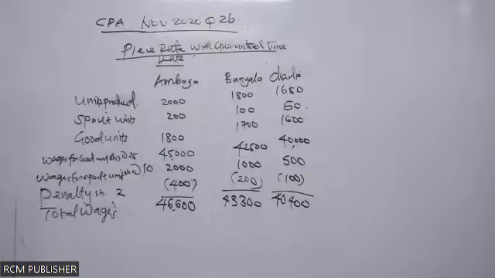What will we have? Add back or add 8,000 to each? What will we have there?